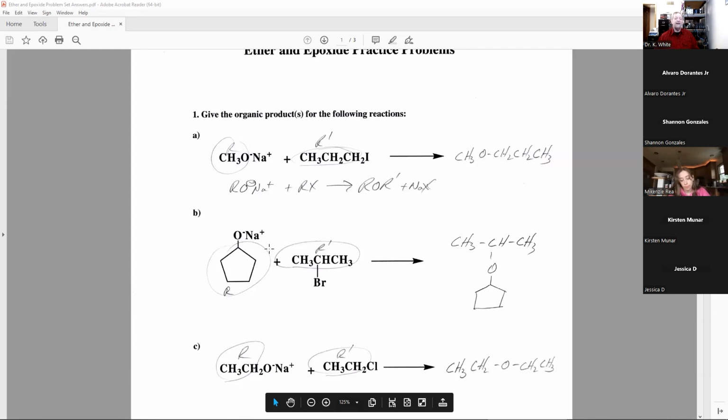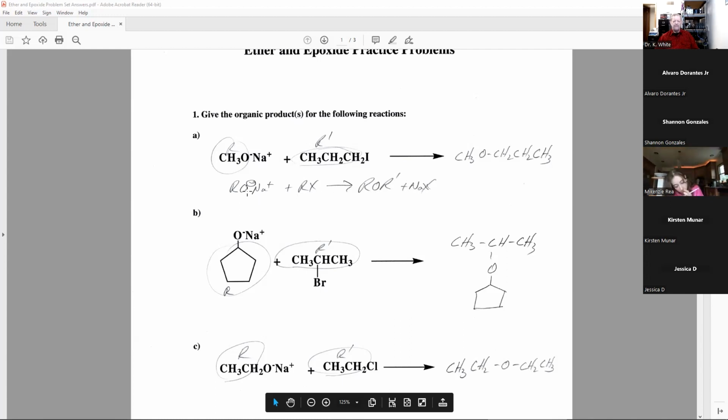If you take an alkoxide and an alkyl halide, that should be R prime X, you get an ether plus a salt. But I'm only asking for the organic, so you don't have to put down the salt unless you want to. That's okay by me, but you don't have to.